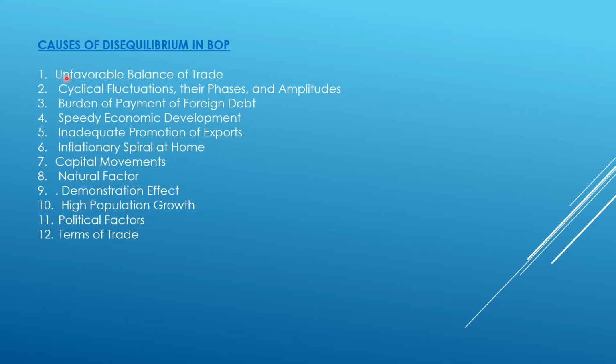The first cause is unfavorable balance of payment. When imports go on increasing due to many factors like need of capital assets for rapid industrial development, or high domestic prices which lead to imports, or we can say a new source of supply or new substitution decreases the exports.